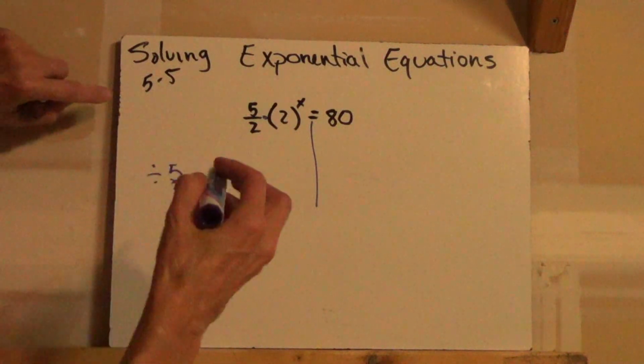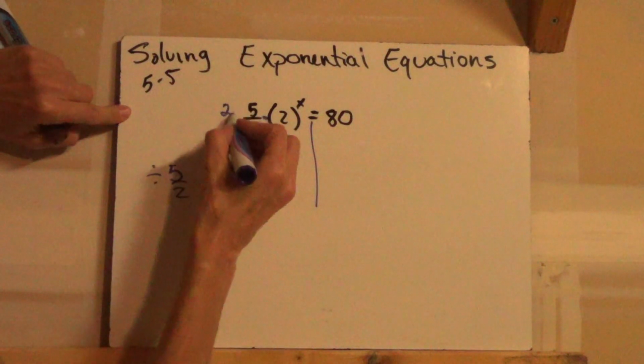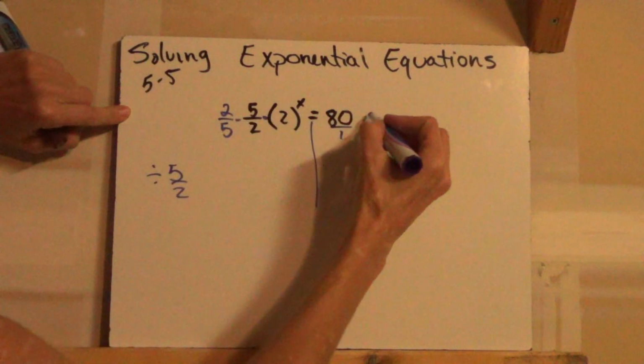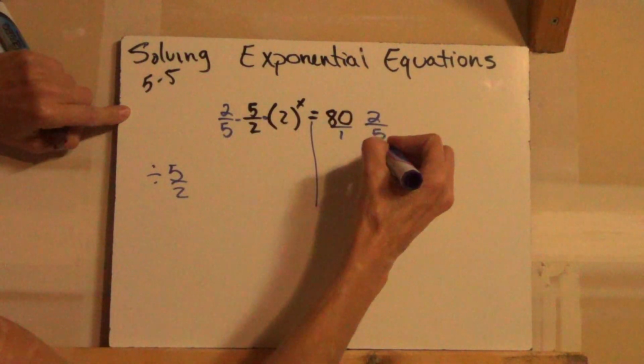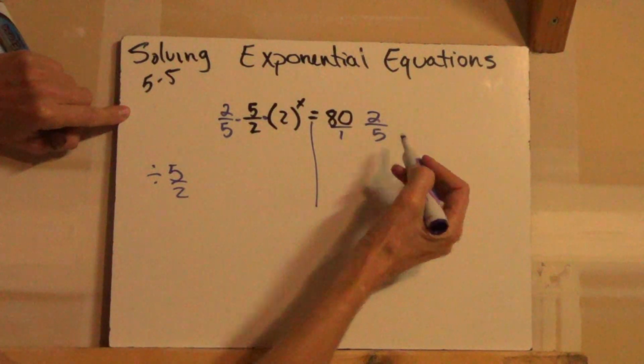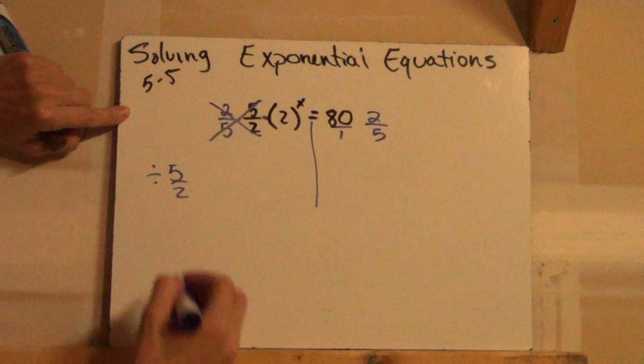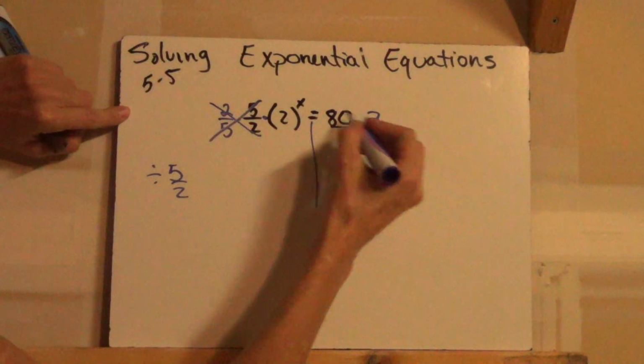So to just shorten our work here, we just go ahead and show that it's skip, flip, and multiply. Put that over 1. What you do on one side, you do on the other side of the equals. So these cancel.